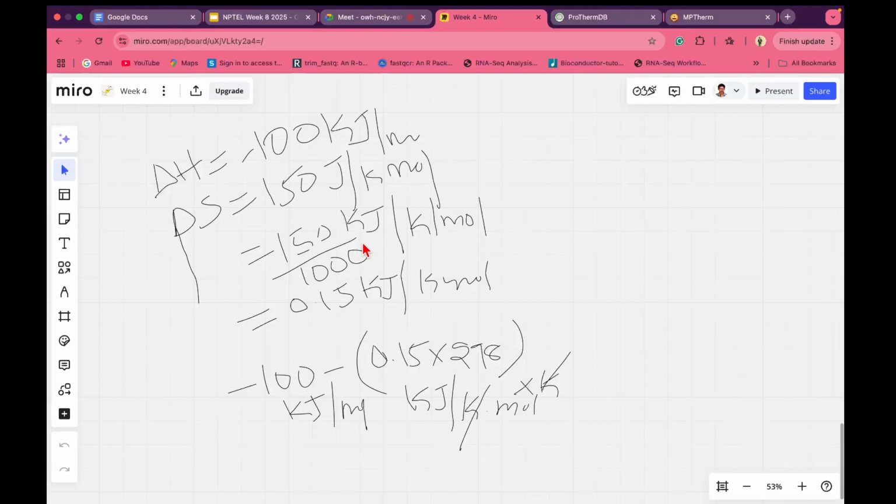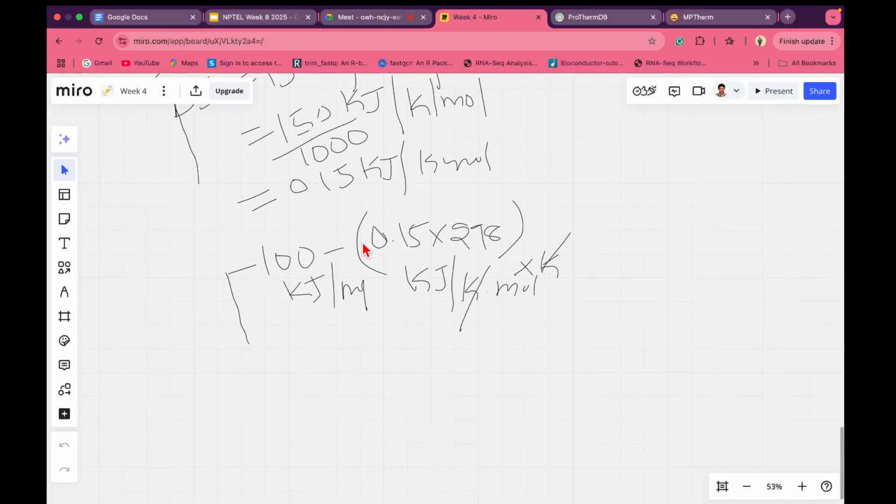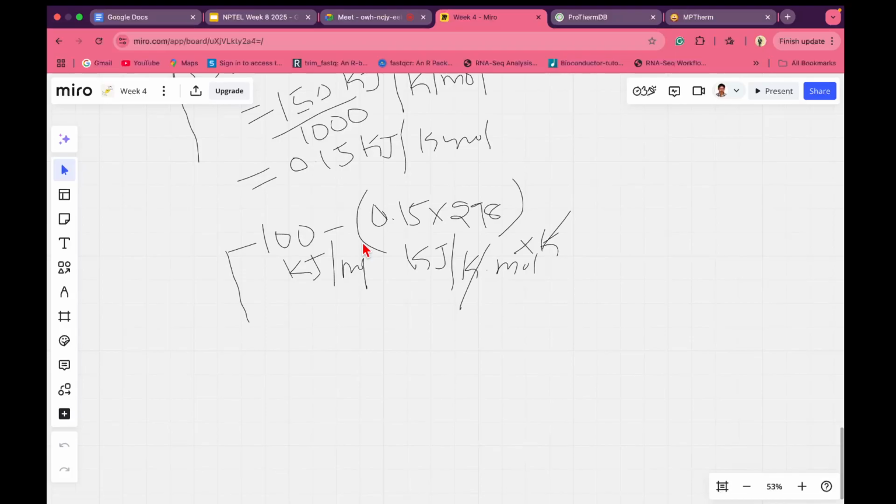Both the units have now become kilojoule per mole.